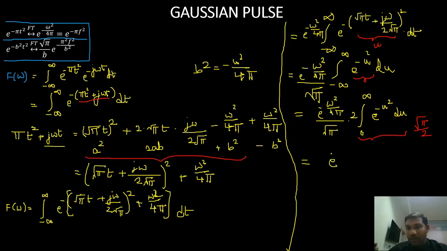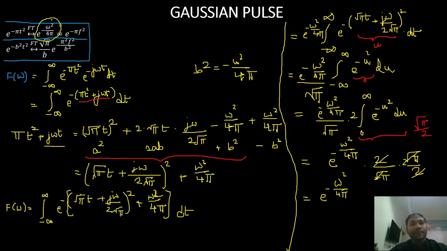I have e power minus omega square by 4 pi into 2 by root pi into, in place of this integral, root pi by 2. So all of this gets cancelled and I am left with e power minus omega square by 4 pi. That is what is given here, right?